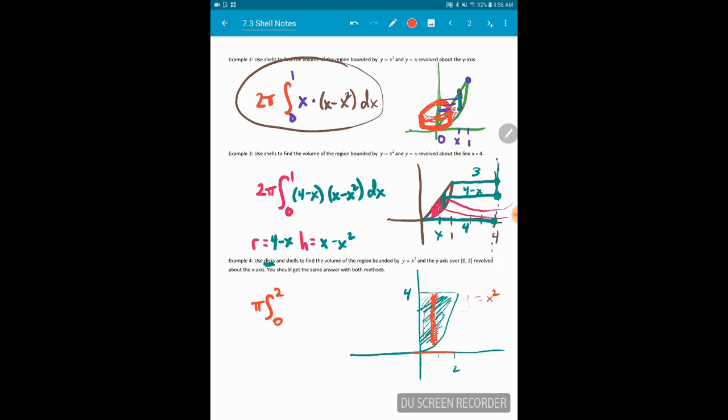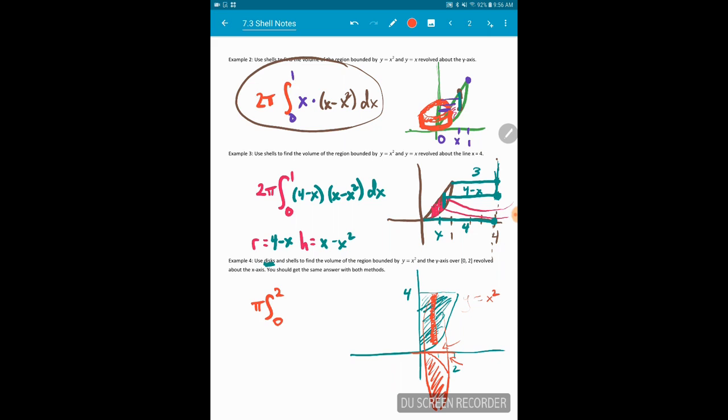And so then I take this and it sweeps out some sort of disk. This is actually going to sweep out a little bit of a washer here because there's going to be this part in here that doesn't have any sort of volume to it.